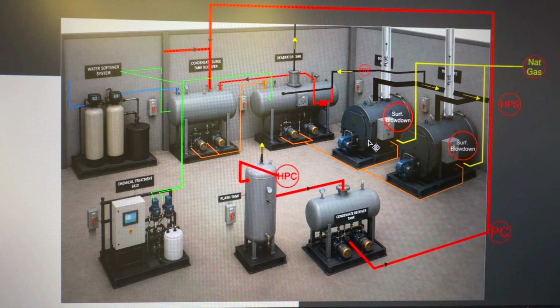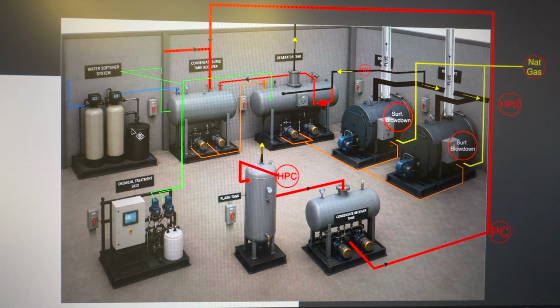Heat passes through tubes surrounded by water, causing the water to boil and produce steam. The steam is used for building heat, domestic hot water generation, humidification, sterilization, and equipment processes. The fuel source is highlighted in yellow, which is natural gas.